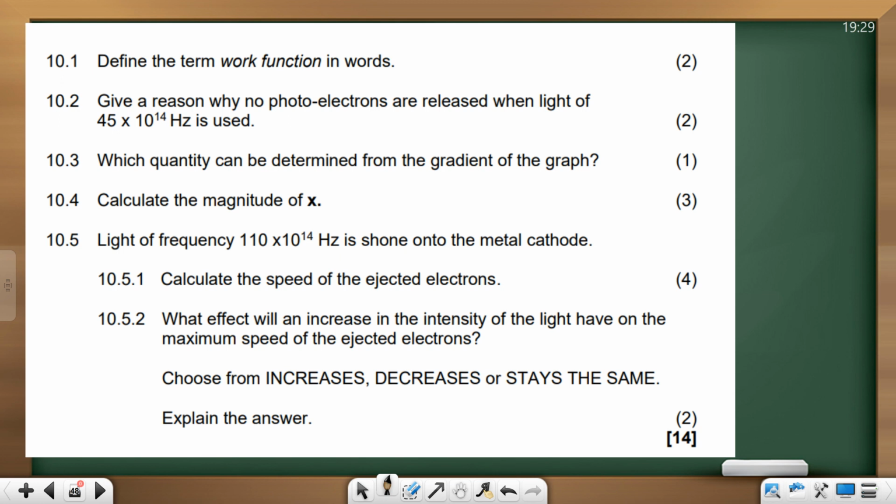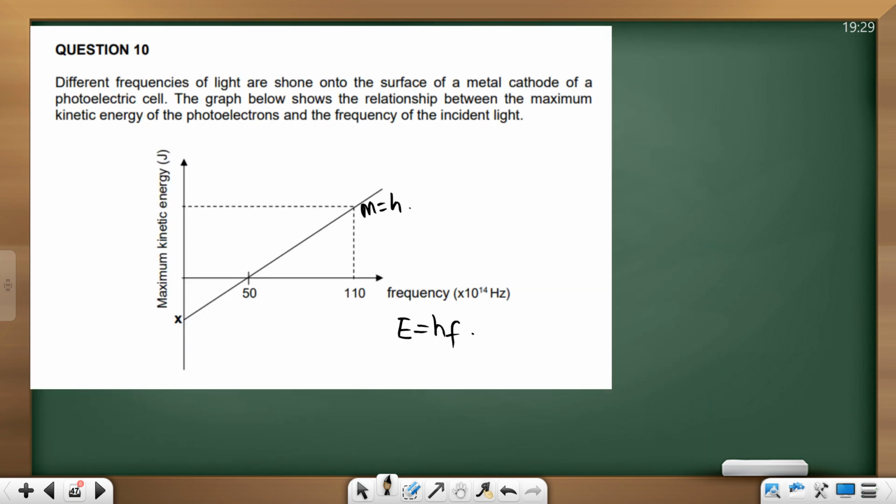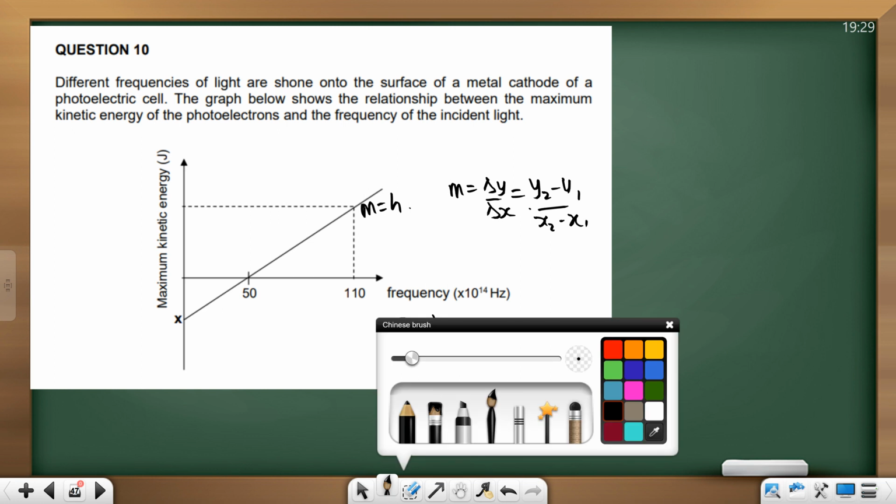Gradient is delta Y over delta X, which is basically Y2 minus Y1 over X2 minus X1. Just to show you that we can get this quickly.